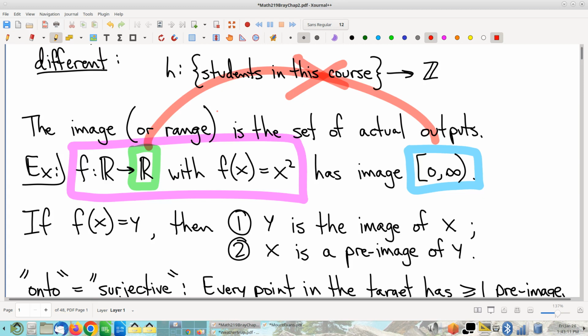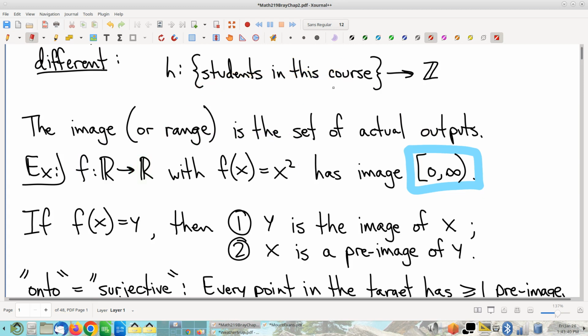So I try to never use the word range. If I mean target, I'll say target, because I believe that's universally agreed upon. Likewise, I believe it's basically universally agreed upon what the word image means. Range kind of has been ruined by confusion. Okay. All right, moving along.